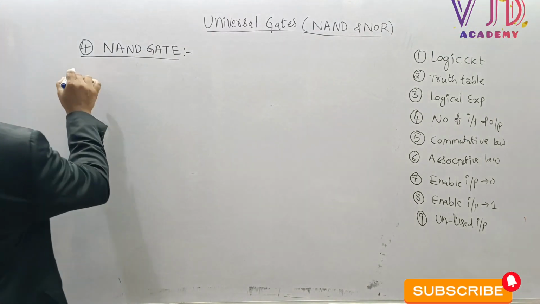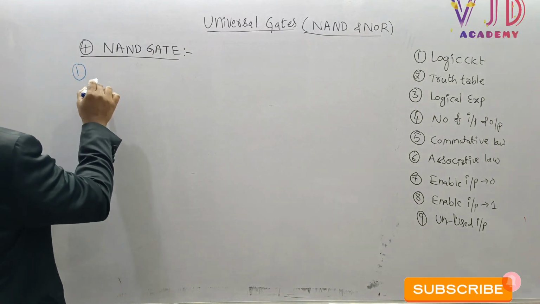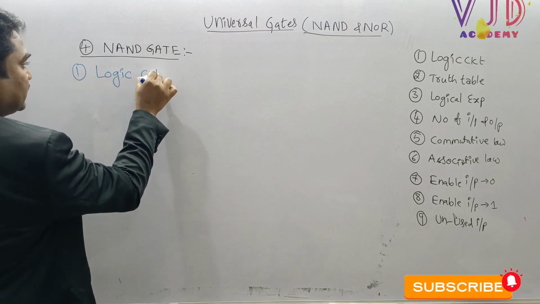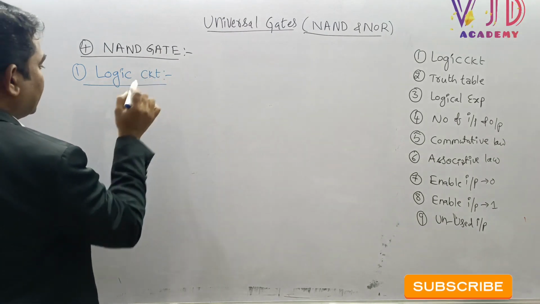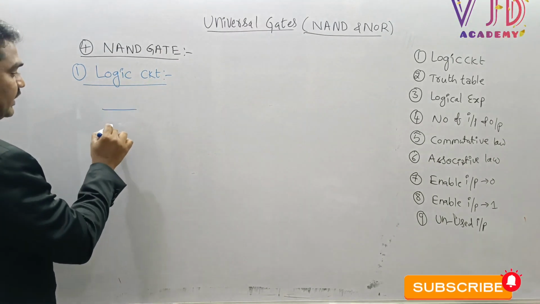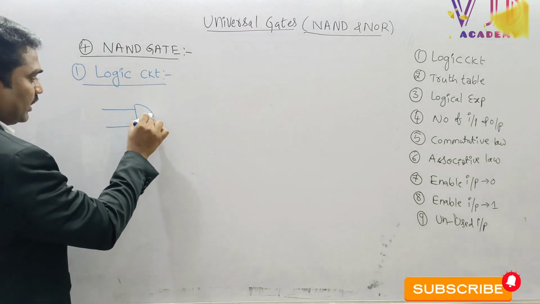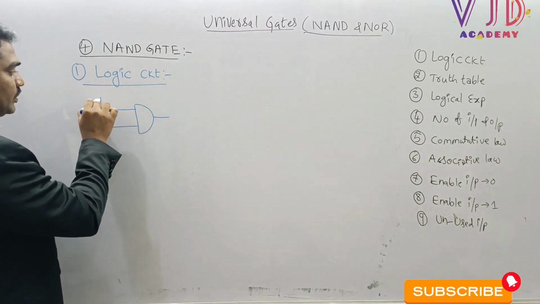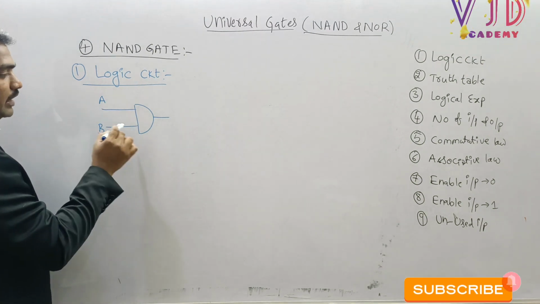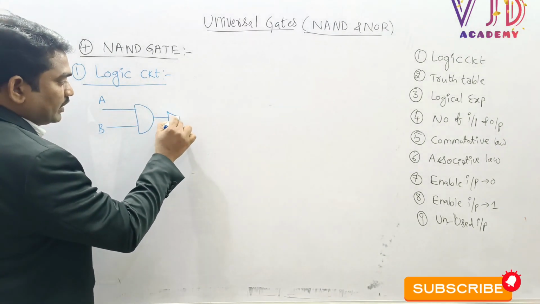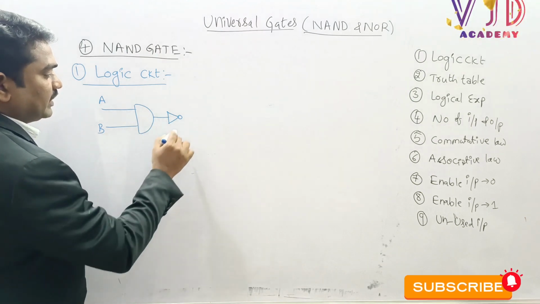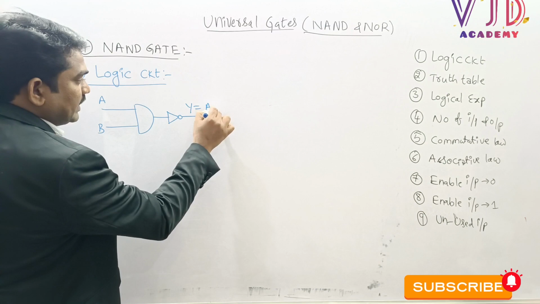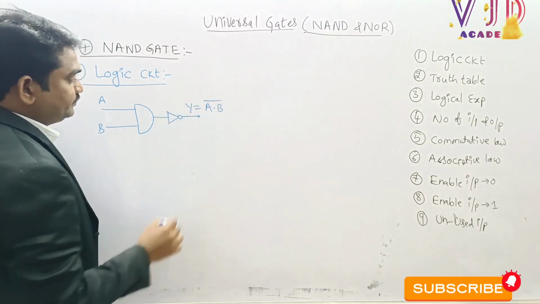The first thing we need to remember is the logic circuit. The logic circuit of NAND gate is similar to AND gate, but the difference is that if we connect one NOT gate here, the output will become Y equal to A into B whole bar.